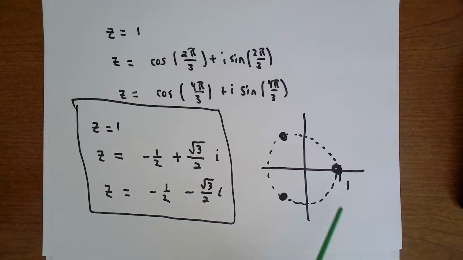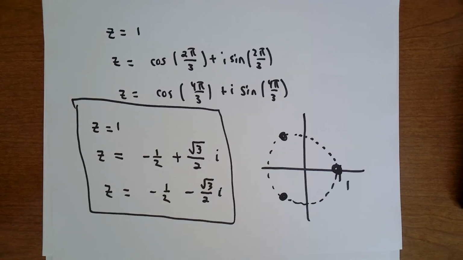z equal 1 is obviously located there. The next one is one of these z numbers that has modulus 1. Its real part is negative 1/2. Its imaginary part is radical 3 over 2, which is positive, so this second one is there.